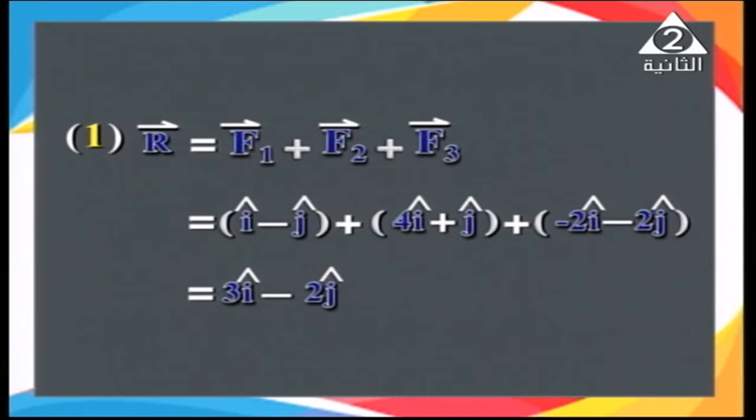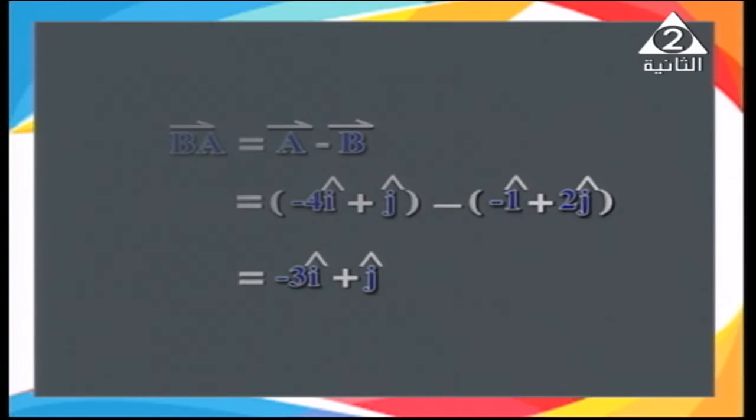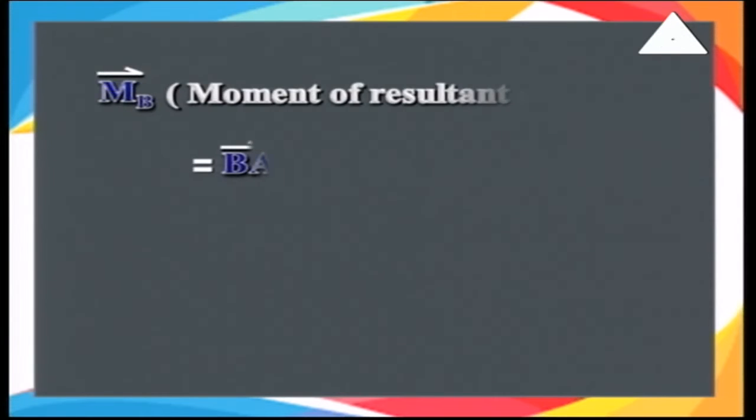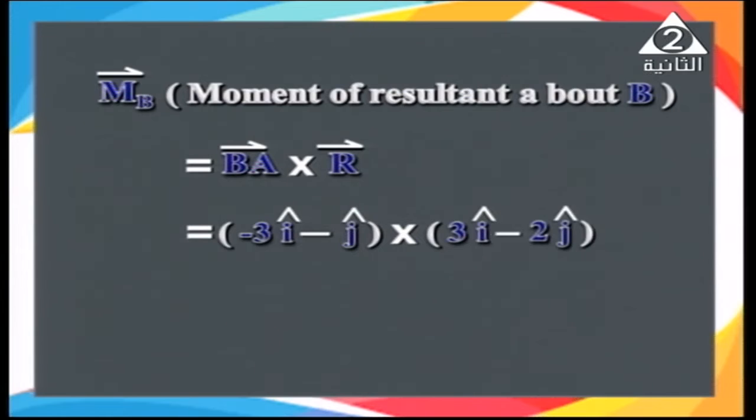BA, the position vector, equals A minus B: negative 4I plus J minus (negative I plus 2J) equals negative 3I plus J. The moment of the resultant about B equals BA cross R. Then BA equals negative 3I plus J cross 3I minus 2J, using negative 3 times negative 2 minus 1 times 3.